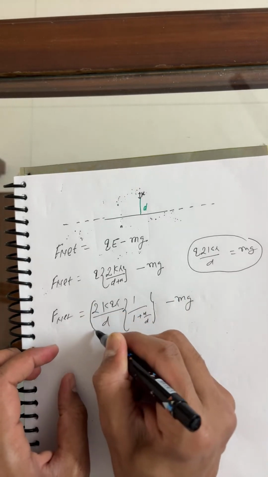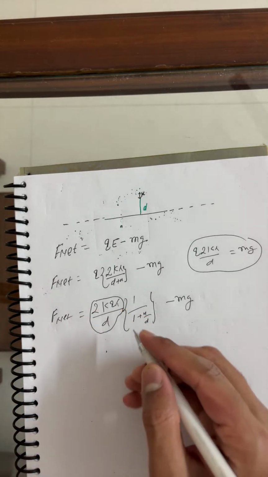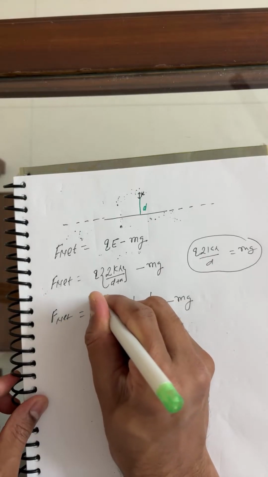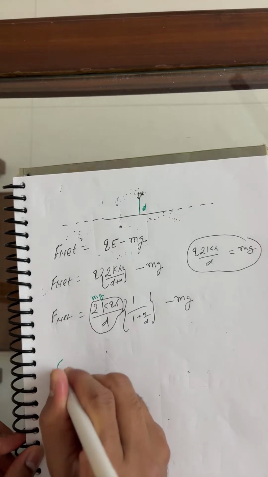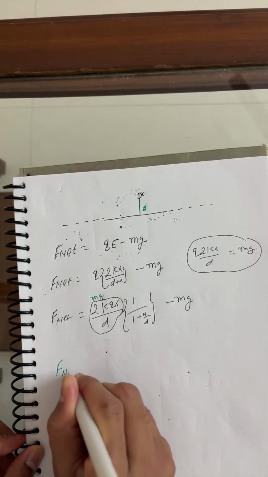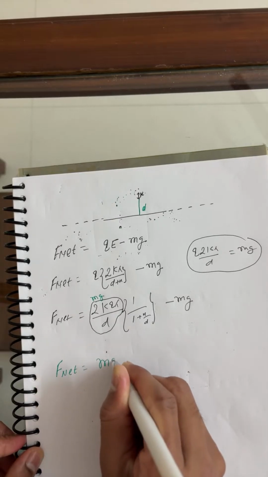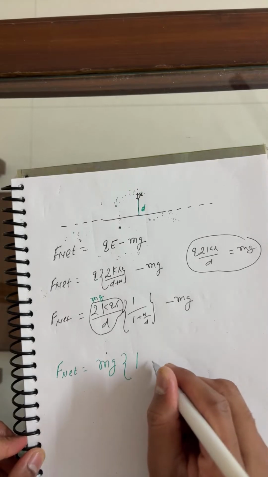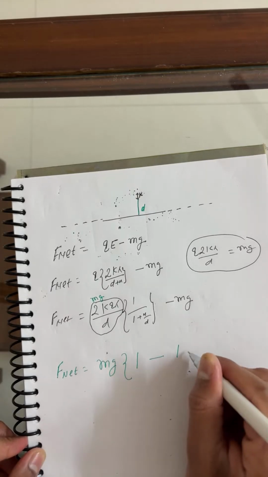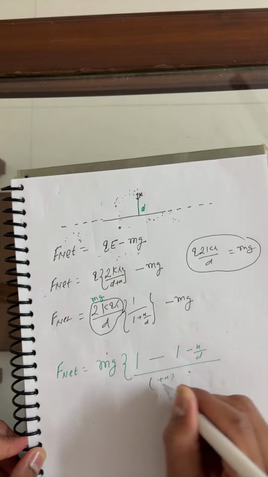Now you can replace this expression with mg. Now you can write F net, take mg out, then 1/(1 + x/d) minus 1.